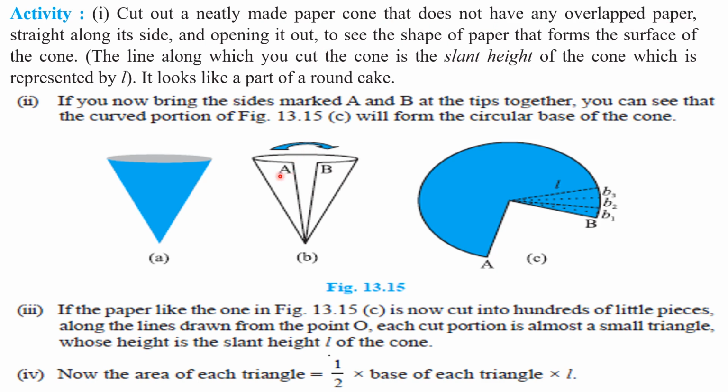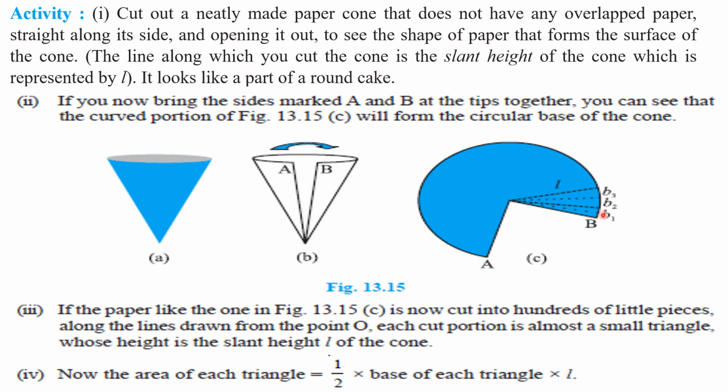We have opened this one cone to see the shape of paper that forms the surface area of the cone. If you open this cone after cutting, we get this kind of piece of paper.